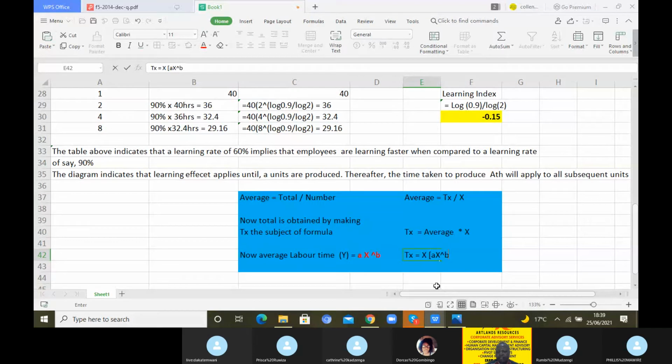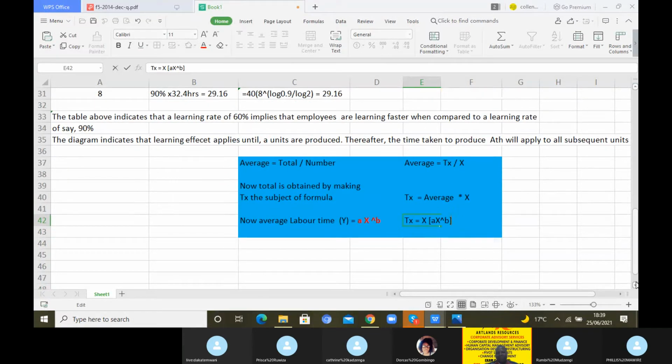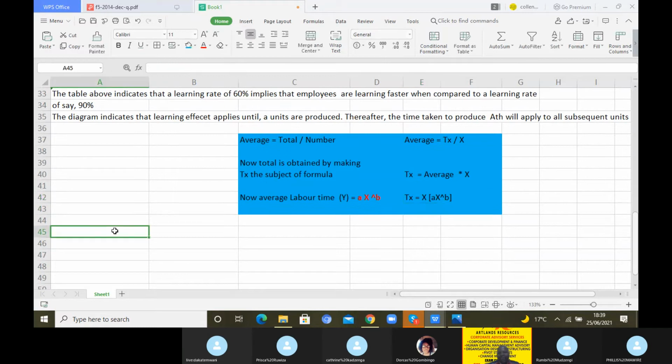I'm sure this makes a lot of sense. That's how you find total. Total labor time equals X times ax to the power b. So allow me to proceed with my explanation here. Instead of saying average, we are now saying ax to the power b, because ax to the power b means average.